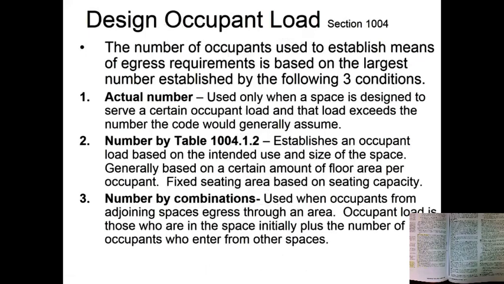So we talked about design occupant load. You have the actual number that's there. There's kind of 3 conditions that you have to follow. Your actual number, the number by table 1004.1.2, which we kind of learned, and the number by combination used when occupants from adjoining spaces egress through an area. Remember, we spent a little time last time going through the scenario where they were going from the library into the area.